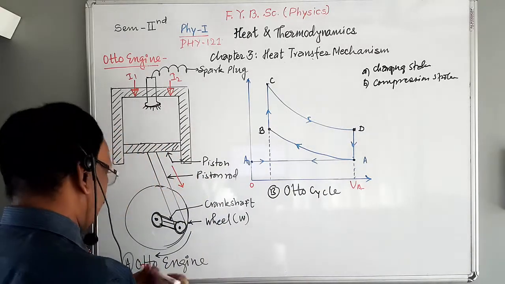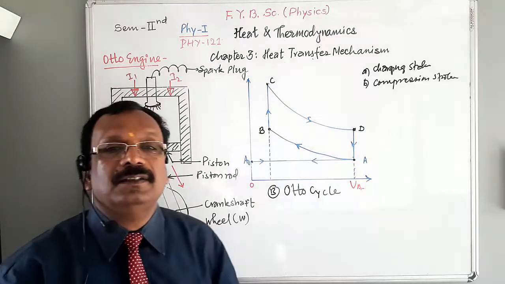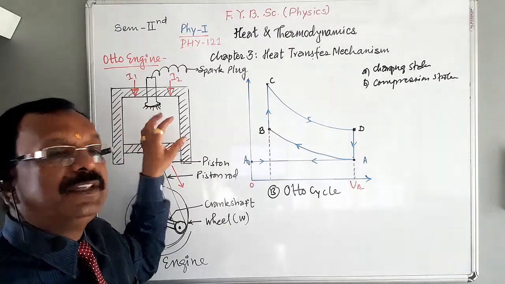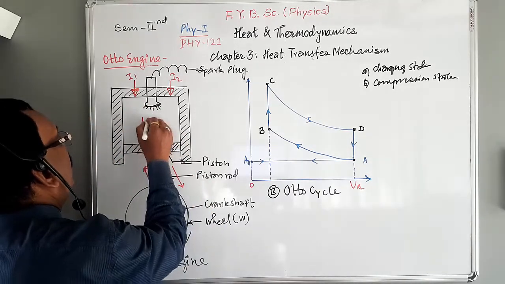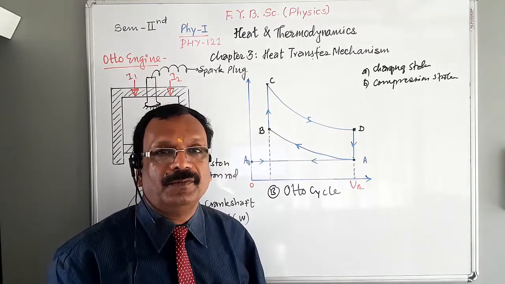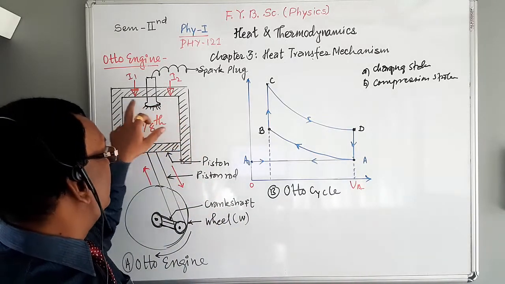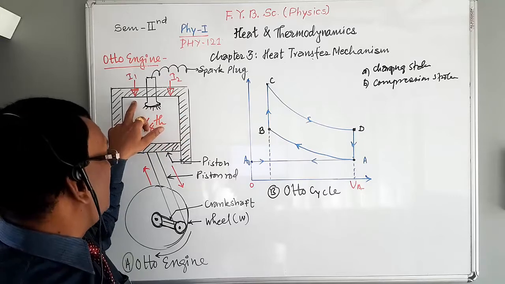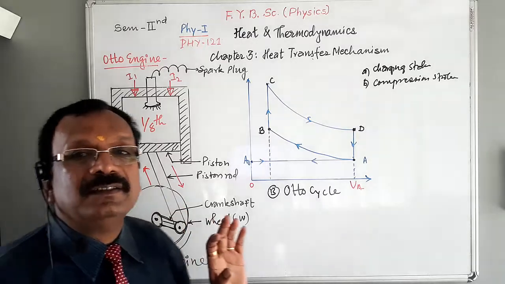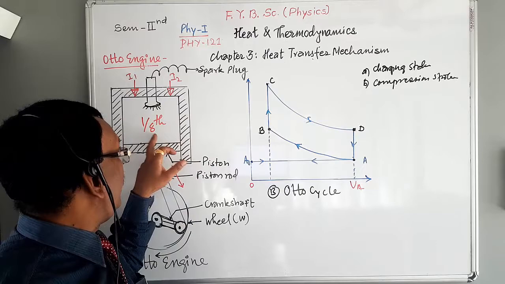The piston moves in inward direction, which compresses the mixture to about 1/8 of its original volume. During this stroke, valve I2 is closed, I1 is also closed, and the piston is moving in inward direction, which compresses the mixture to about 1/8 of its original volume.